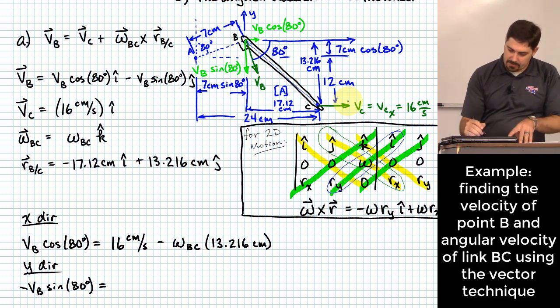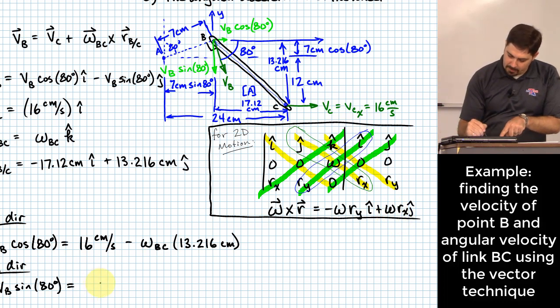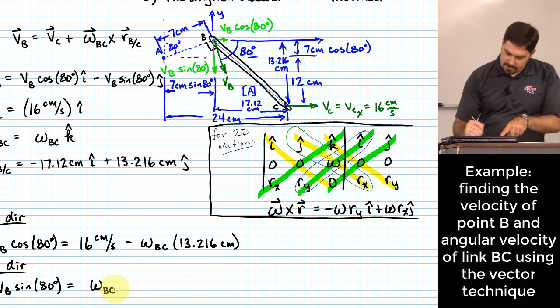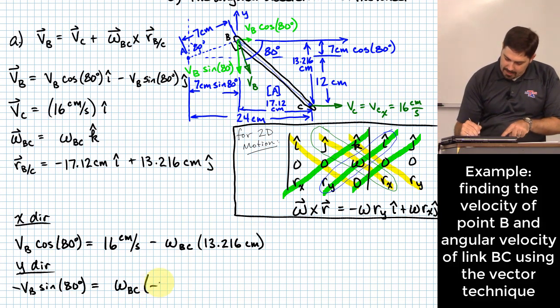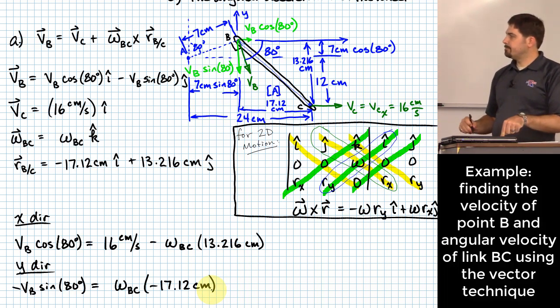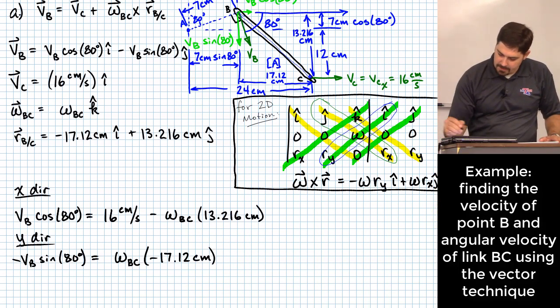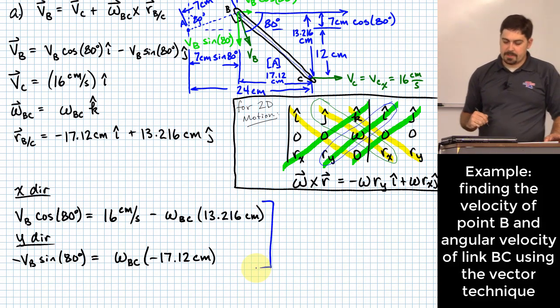So I have 0 for that, so I just won't put anything in. And then I want the y component of omega crossed with r. So the y component is going to be positive omega. The omega there is, again, something I don't know, times Rx. And Rx is going to be negative 17.12 centimeters. All right? So that gives us a system of 2 equations and 2 unknowns.